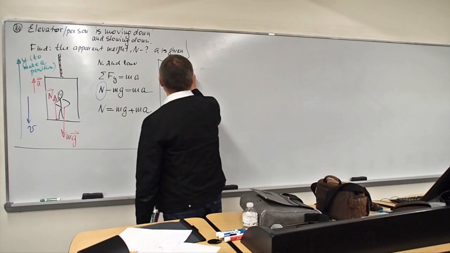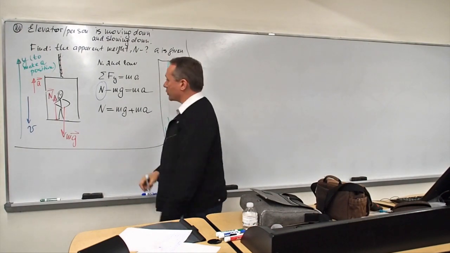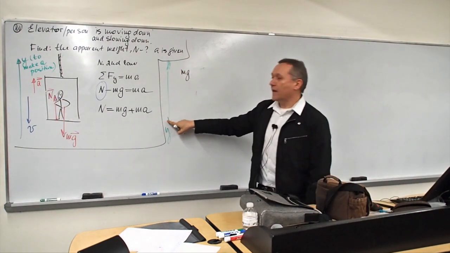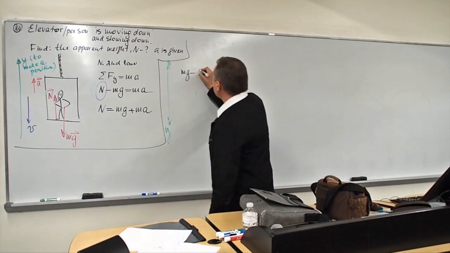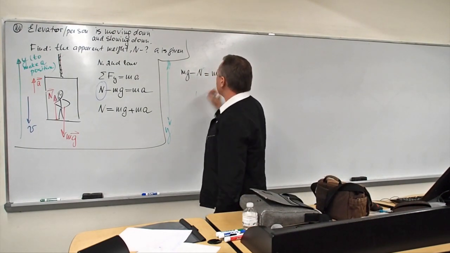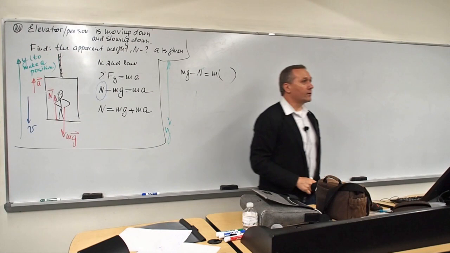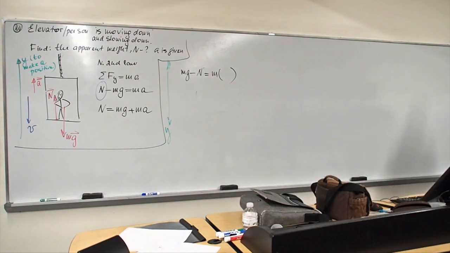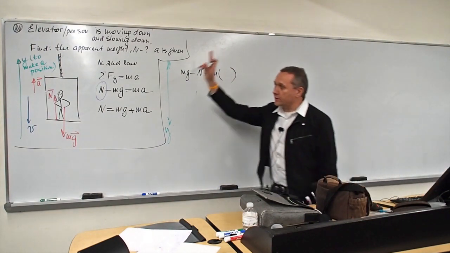So now in this case, the equation would look like mg positive, normal force negative, minus N, equals mass times acceleration. Now acceleration would be negative because our acceleration is upward. I know it's given, let's say 2 meters per square second, and direction is upward.